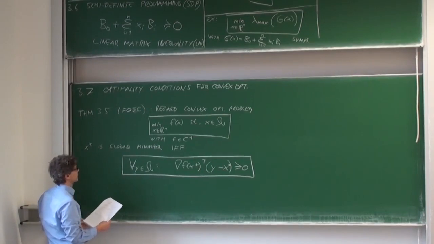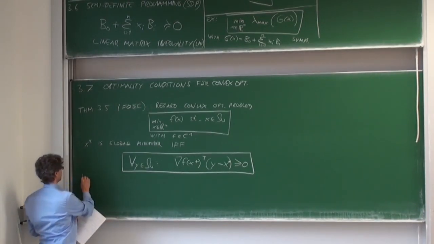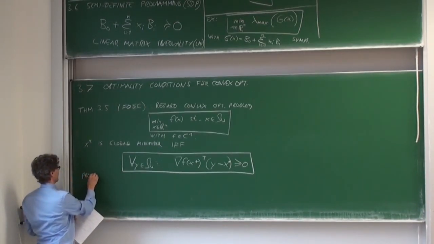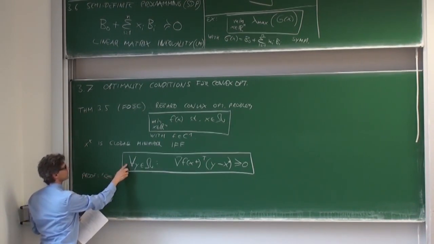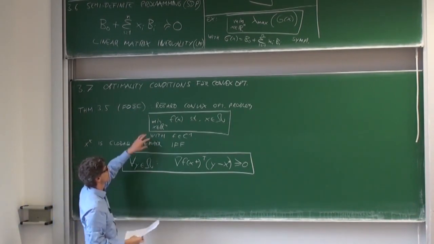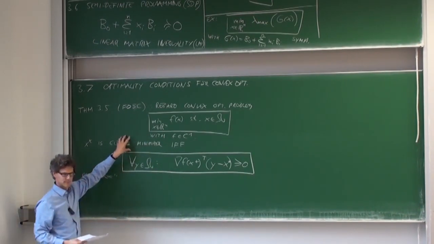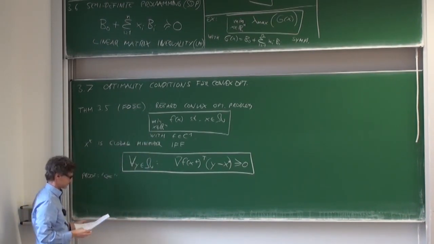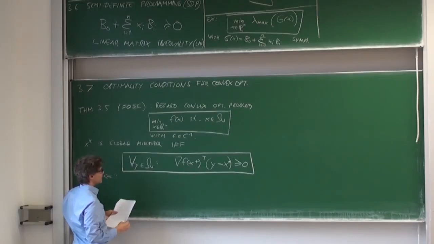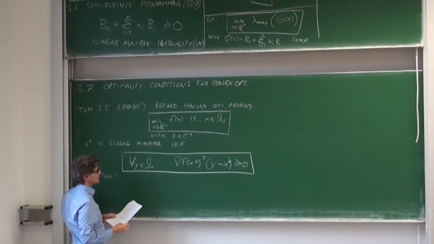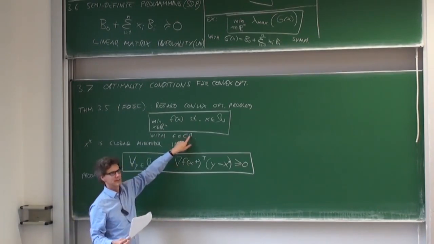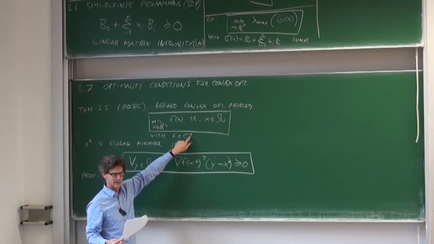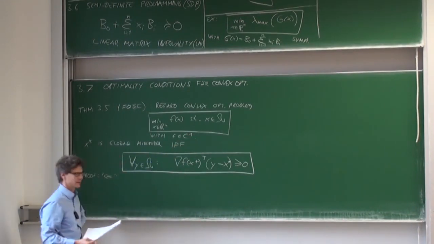And what we want to do first is this direction. So if this condition holds, then we have a global minimizer. So what do we know about a convex function which is continuously differentiable? We know this first order characterization of convexity, and what was it?